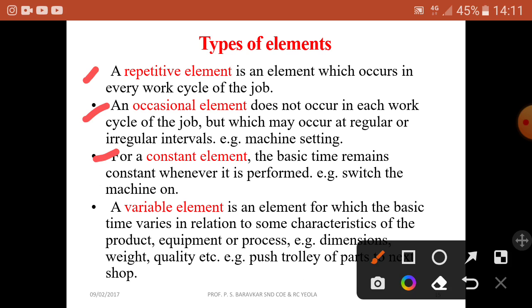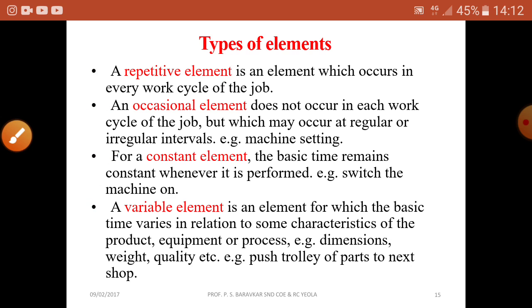For a constant element, the basic time remains constant whenever it is performed, for example switching the machine on. A variable element is an element for which the basic time varies in relation to some characteristics of the product, equipment, or procedure, for example dimensions, weight, quality, etc., such as pushing a trolley of parts to the next shop.